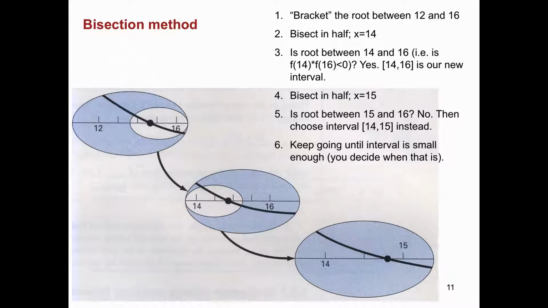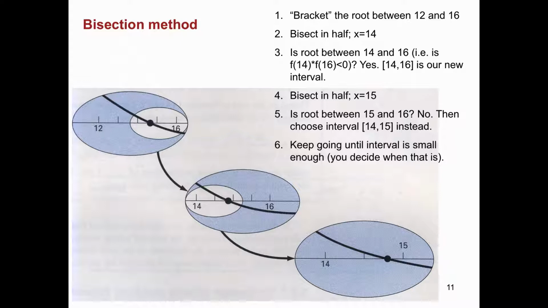So I look at f of 12 times f of 14, which is, in this case, positive times positive. Do I get a negative number? No, so it's probably not a bracket. But if I look at the other one, I have a positive versus a negative number, so f of 14 times f of 16 is going to be negative. So that's my next bracket, and it's twice smaller than the previous one. That's the one I keep.